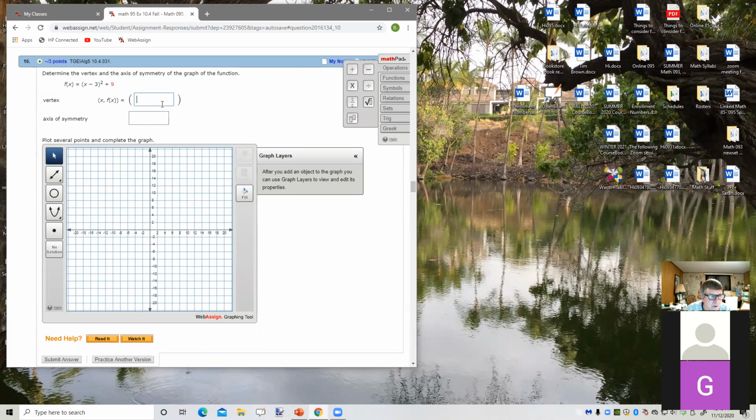So where's the vertex at? Three, 9. So (3, 9). Where's the axis of symmetry at?